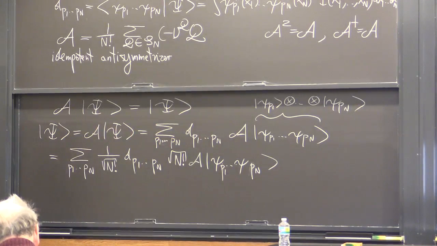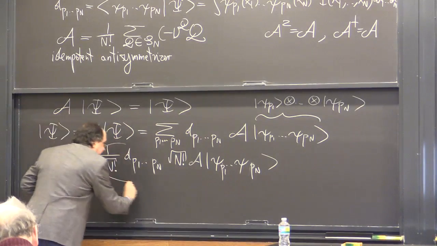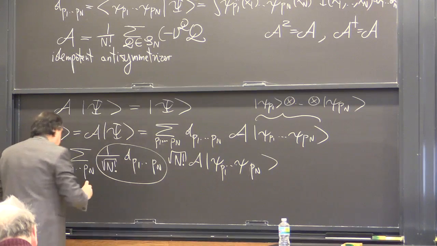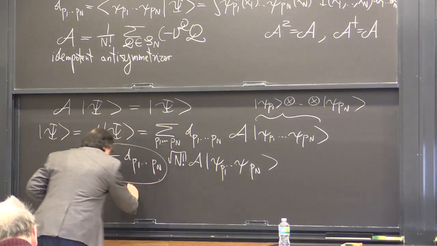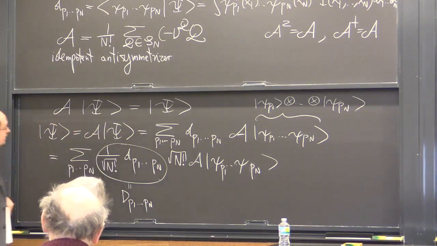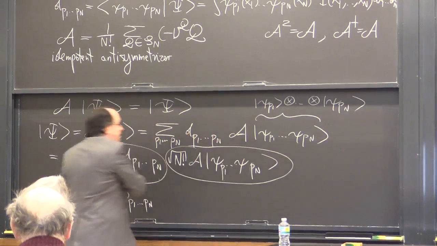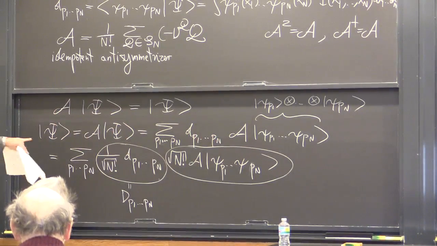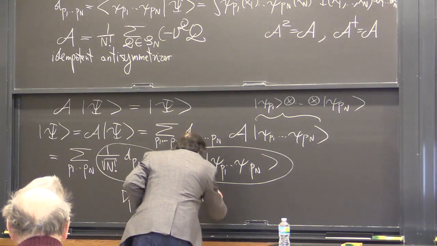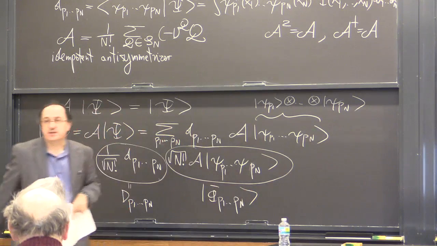And now I will introduce new definitions. I will call these rescaled coefficients capital D. I will call these rescaled anti-symmetrized products, rescaled by the square root of n factorial, capital Phi's. Some sort of functions that we need to understand.